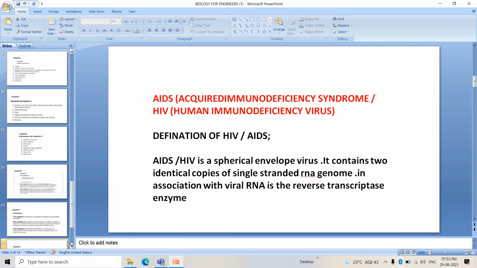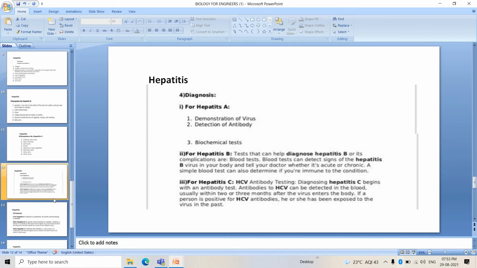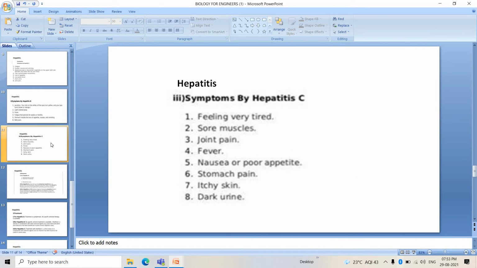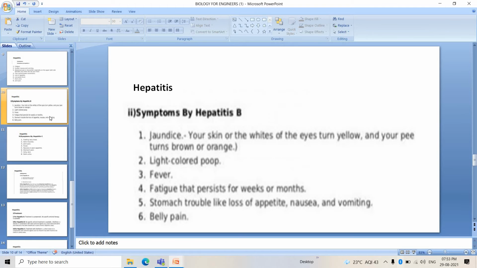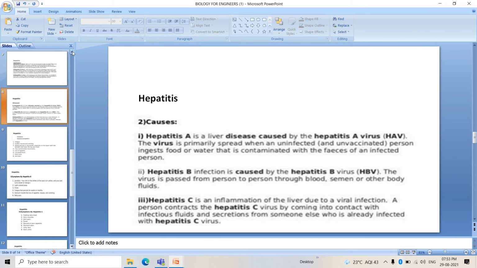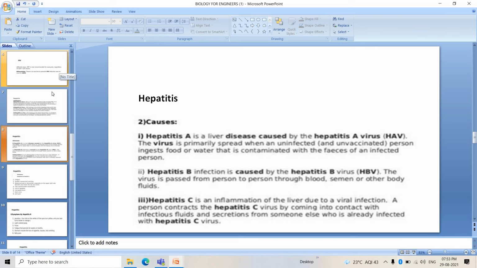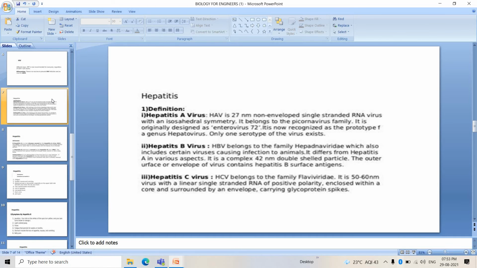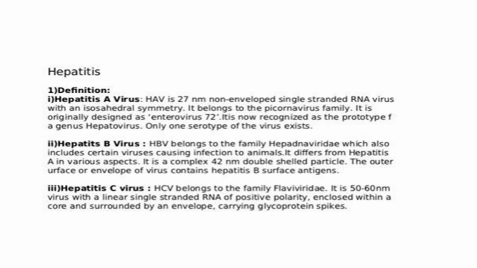Hepatitis disease is infection to liver. So this is about the definition of hepatitis and the different types of hepatitis virus: HAV, HBV and HCV.